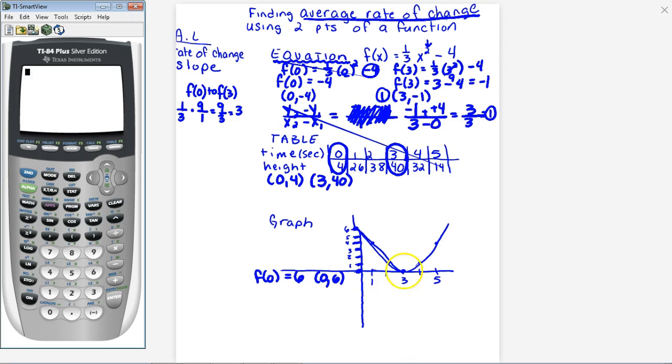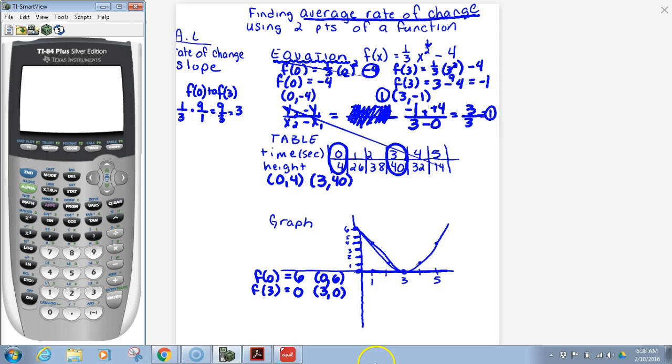And for f of 3, if I input 3, it's right here on the axis, right? The point's on the axis, and that means that my y is 0. So this point is 3, comma, 0. So please use that point to find the average rate of change for the graph. Call me over when you've found those.